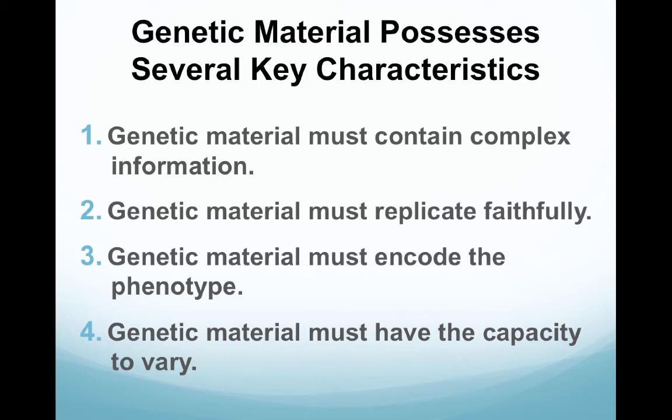Secondly, the genetic material must replicate faithfully, which means that when it replicates, it does so with very, very few errors. The third characteristic is that the genetic material has to encode a phenotype. And fourthly, the genetic material must also have the capacity to vary for evolutionary processes, and for us to really be able to deal with different pressures that are happening at the environmental level.